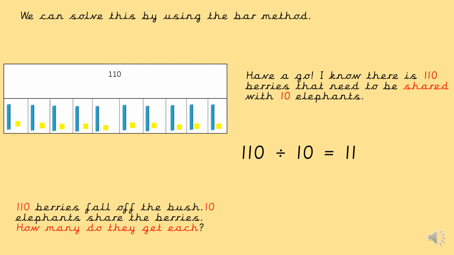You may notice I used the Dean sticks because I wouldn't want to draw out 110 dots to work out this problem, but I knew I could count in tens and I knew I had enough tens to make the parts equal. So the answer for this one, 110 divided by 10 equals 11. Each elephant gets 11 berries. How did you get on?